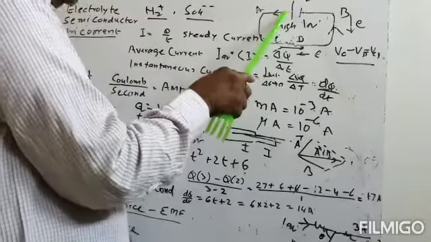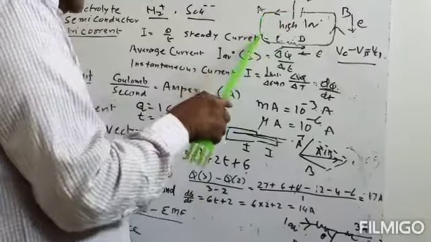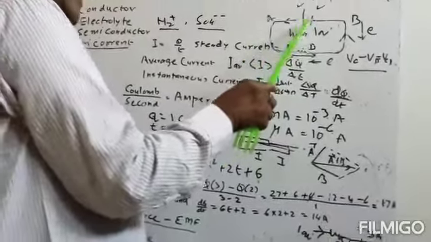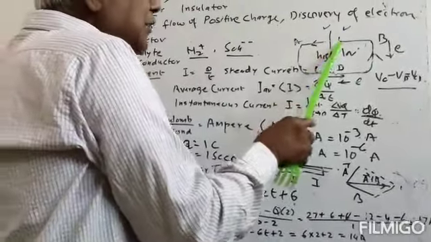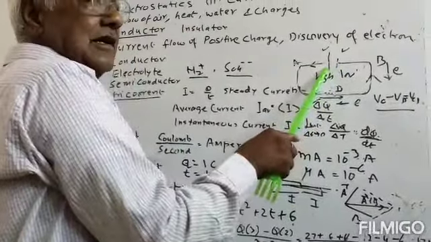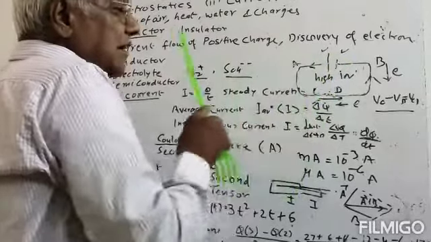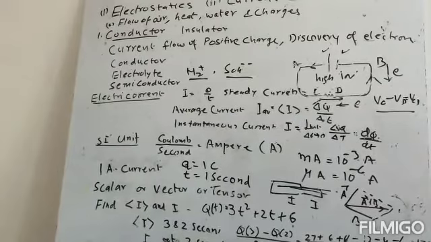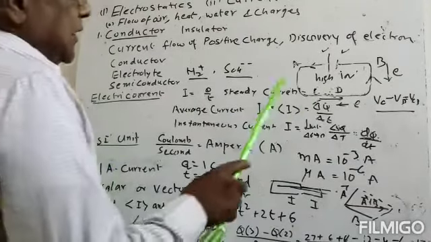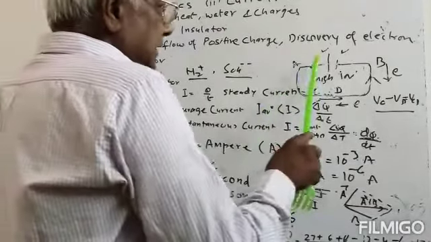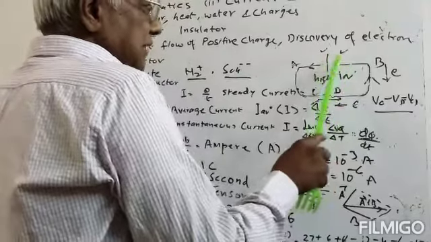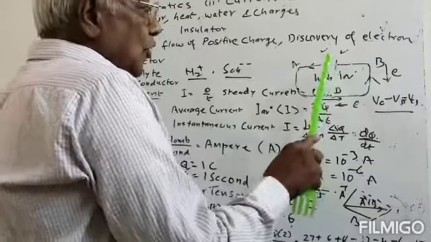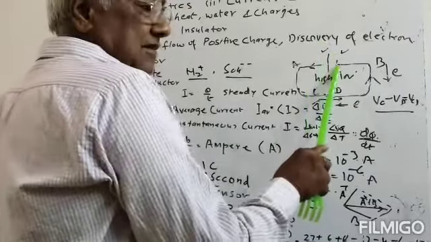The positive charge will go from positive to negative outside in the external circuit, and it will go from negative to positive inside. So what is the terminal voltage? The terminal voltage will be the voltage between the positive terminal and the negative terminal.